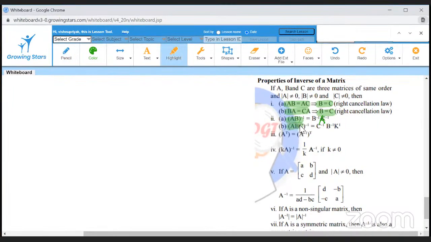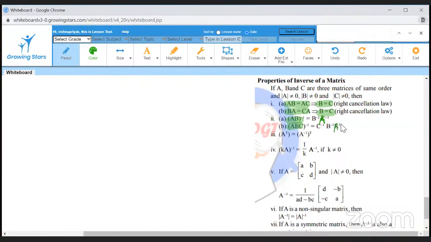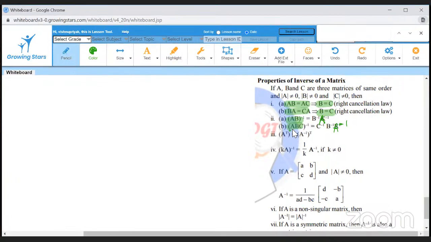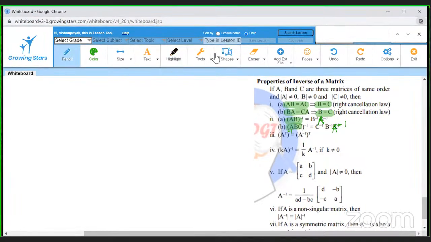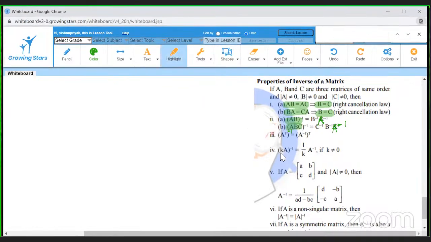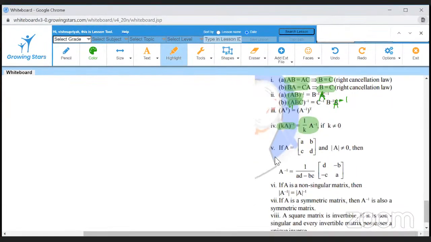Similarly, ABC whole inverse will be equal to C inverse B inverse A inverse. A transpose inverse will be equal to A inverse transpose. K into A inverse will be 1 by K into A inverse.